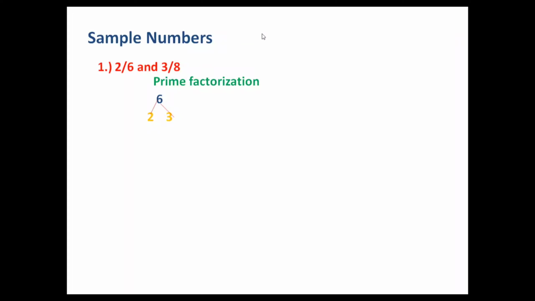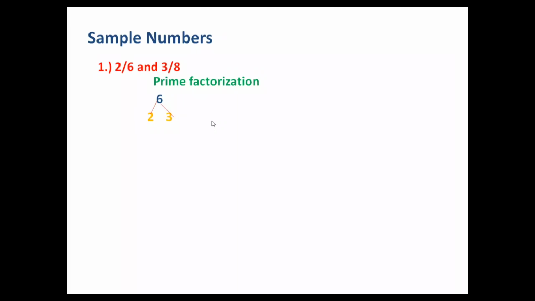For example, the factors of 2 are 1 and 2: 1 times 2 equals 2. So this is called a prime factor. How about 3? Yes, this is prime already.